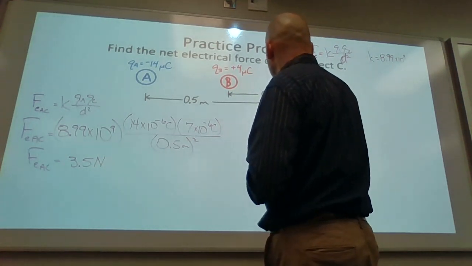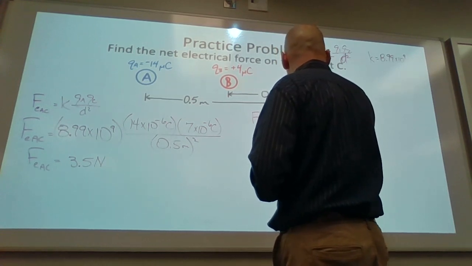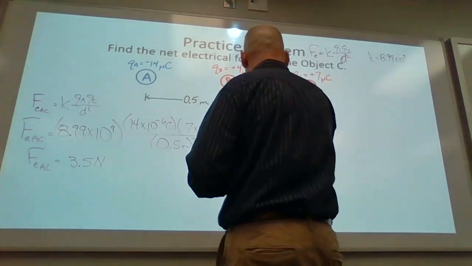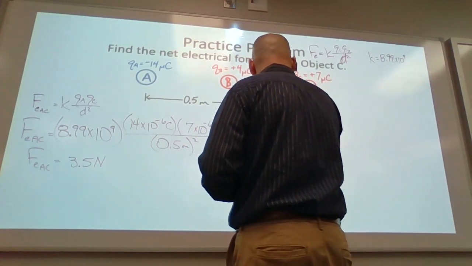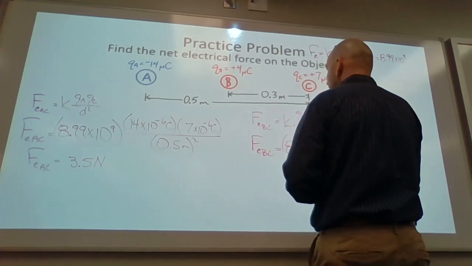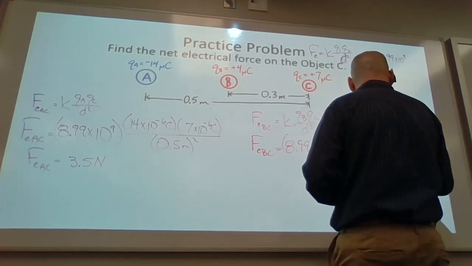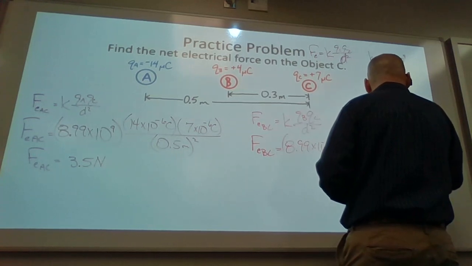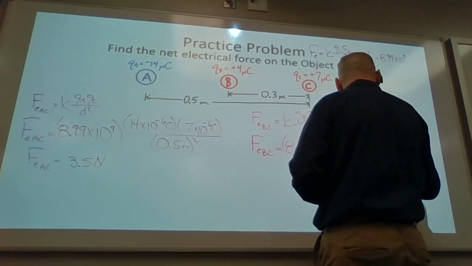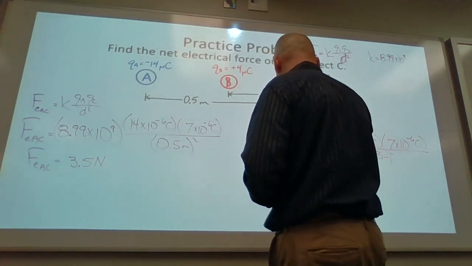Between B and C, 8.99 times 10 to the ninth, and you find that to be 2.8.